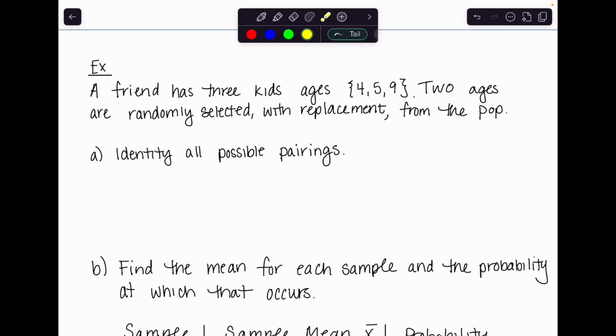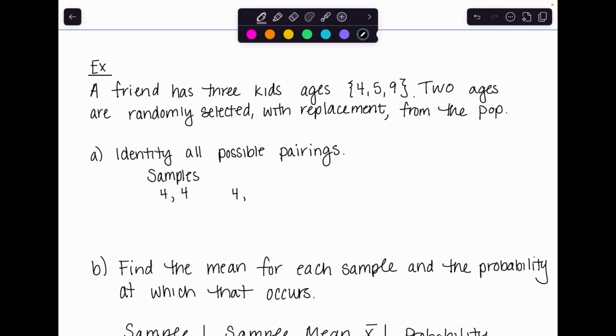So if I want to look at all of my possible pairings, this gives me my samples of smaller groups. So maybe I pick the first individual, which has age 4. And then when I go to pick the second, because it's with replacement, I could also pick the age 4 again. Also, with a person of age 4, I could pair them up with 5 and also with 9.